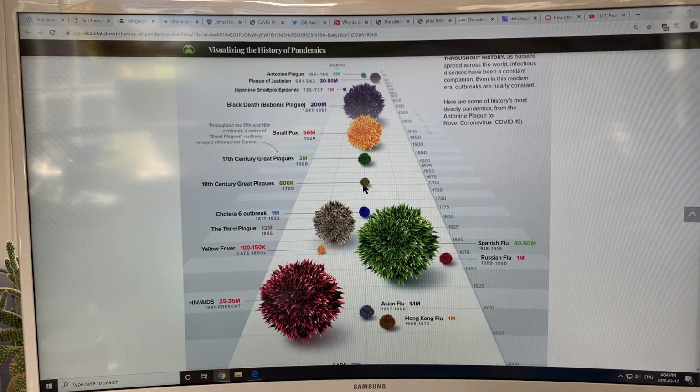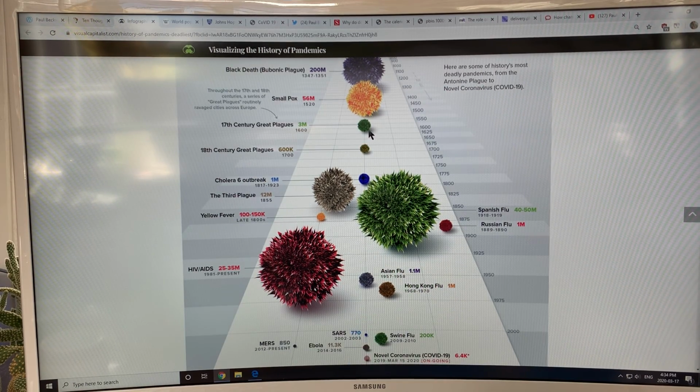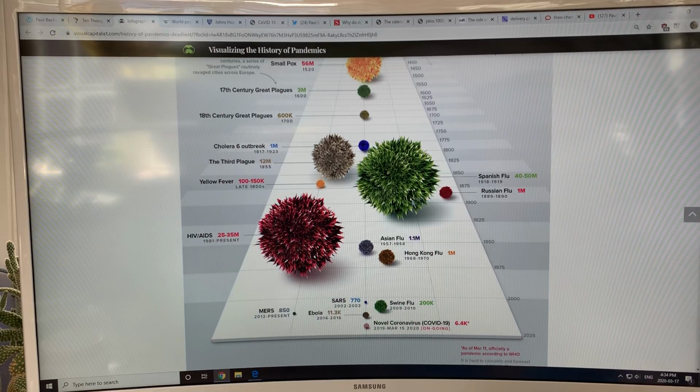17th century plagues, 18th century. So they're happening at quasi-periodic intervals. There's a cholera outbreak here. This is the Spanish flu, the most recent biggie from 1918 to 1919, 40 to 50 million people killed.